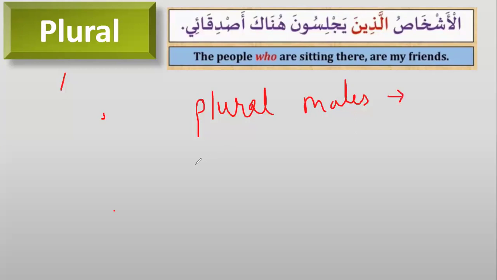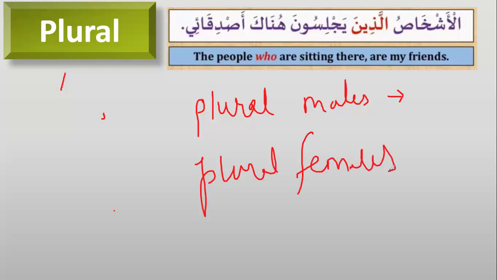If there is plural females, we use allati or allai. But when there is a mixture, that is plural, male plus female, again it is plural, but that time we use the masculine plural form, allazina. This is the rule for all.